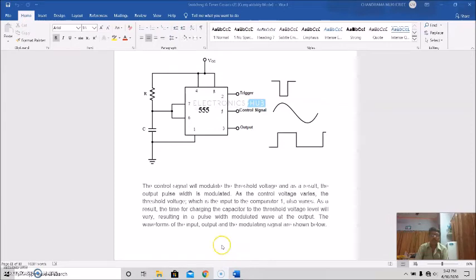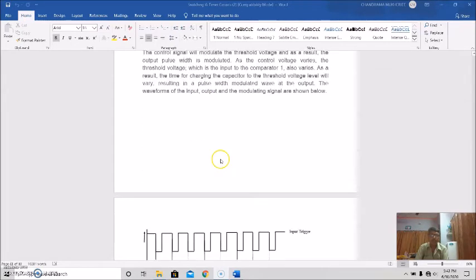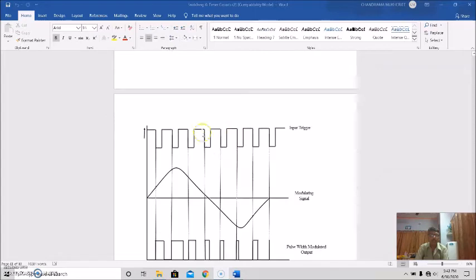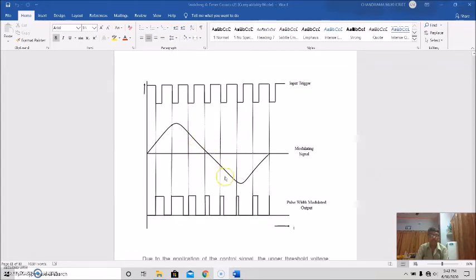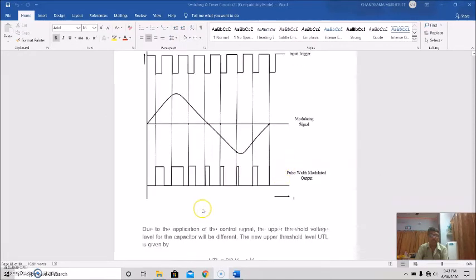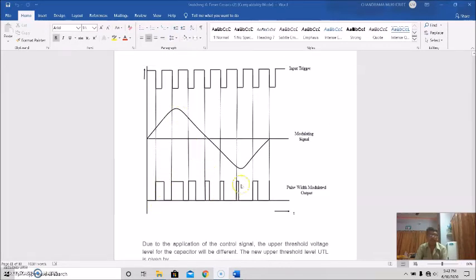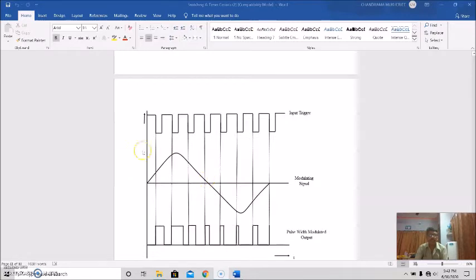The waveforms of the input, output, and the modulating signal are shown as we told you. This is the input trigger pulse. This is the modulating signal, and see, this is the pulse width modulated output. It is changing with this modulating signal.